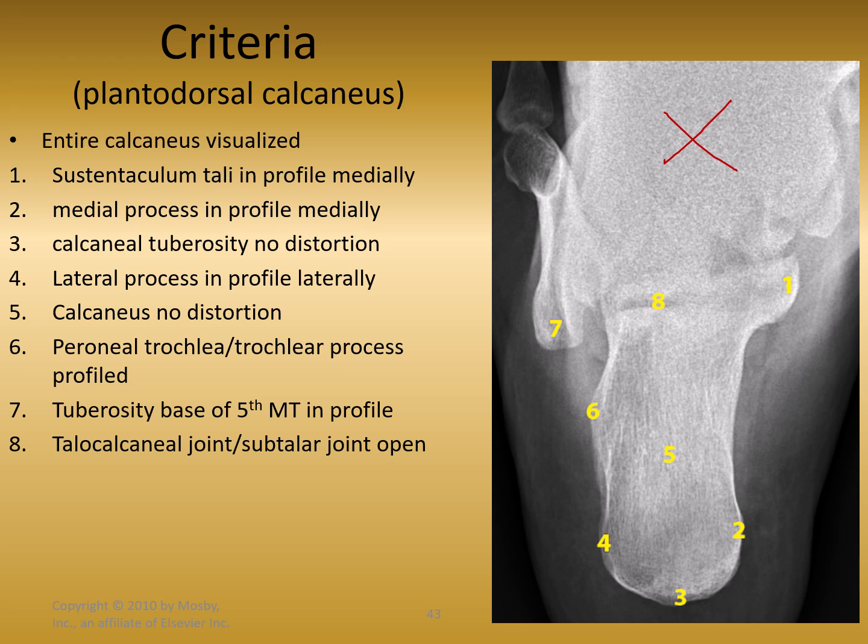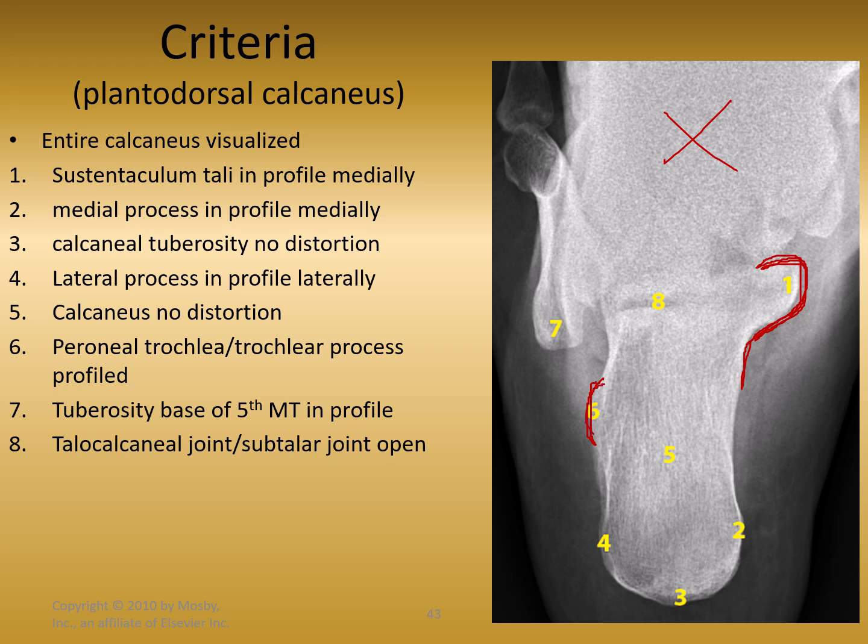Very important structures to be able to find are the sustentaculum tali of the calcaneus here, right? That sticks out medially. That's how you can identify the medial side of the foot. And on the lateral side of the foot, we have the trochlea, called the peroneal trochlea.